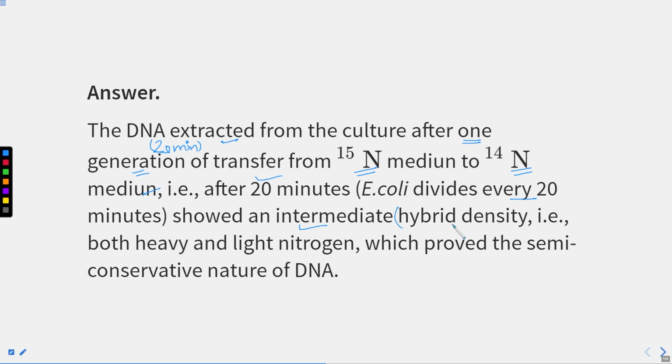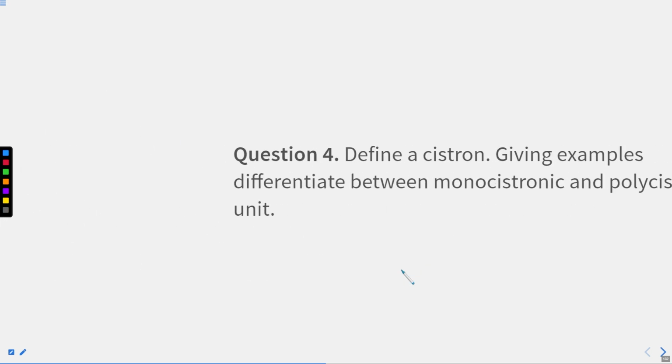Intermediate, or you can say hybrid, density was observed. What does hybrid mean? Both heavy and light nitrogen were present in the DNA, which proves the semi-conservative nature of DNA replication. So after the first generation, one of the strands consisted of N15 and another consisted of N14. So this shows the semi-conservative nature of DNA replication.